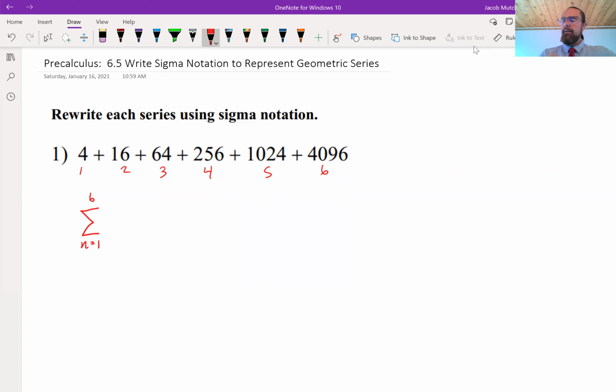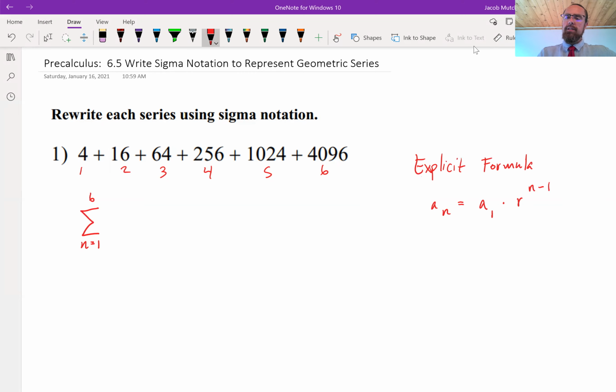So what I'll need is my explicit formula for geometric series, really sequences. Just to recall how we create that, it's a sub n equals the first term, which we'll call a sub 1, times the common ratio to the power of n minus 1.